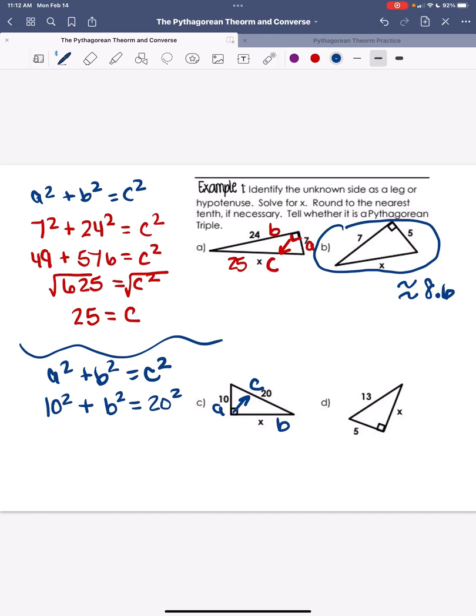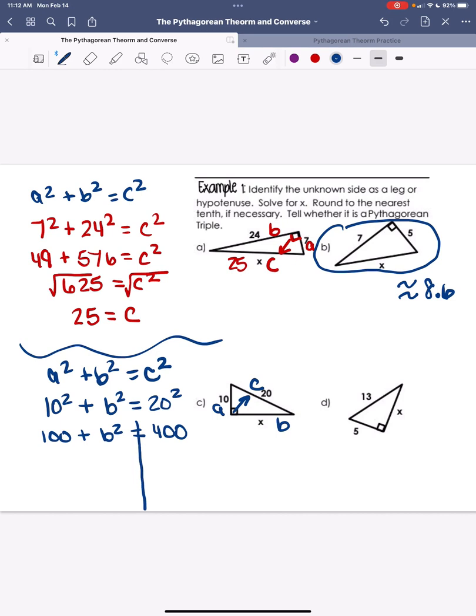So now I'm just going to keep on solving. 10 squared we know is 100, plus B squared, and then 20 squared gives us 400. Now think back to when we've done equations. If you like to draw that Tower of Awesome that we've learned, that's fine. So let's go to the side with the b squared.